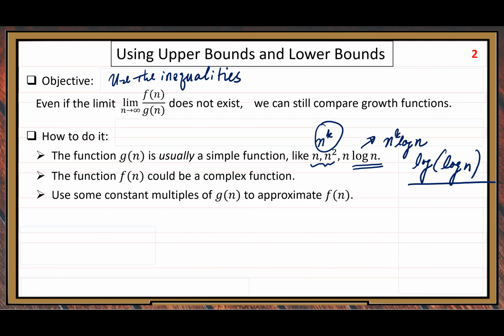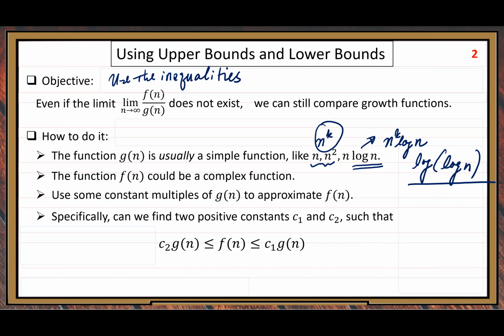Specifically, can we find two positive constants C1 and C2 such that C2 multiple of g of n is less than or equal to f of n, and f of n is less than or equal to C1 multiple of g of n?